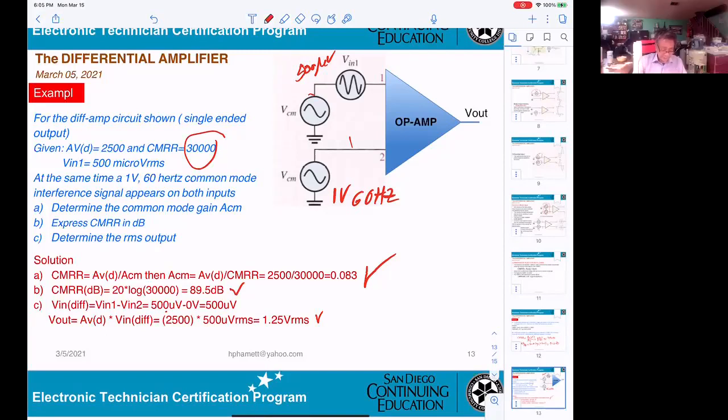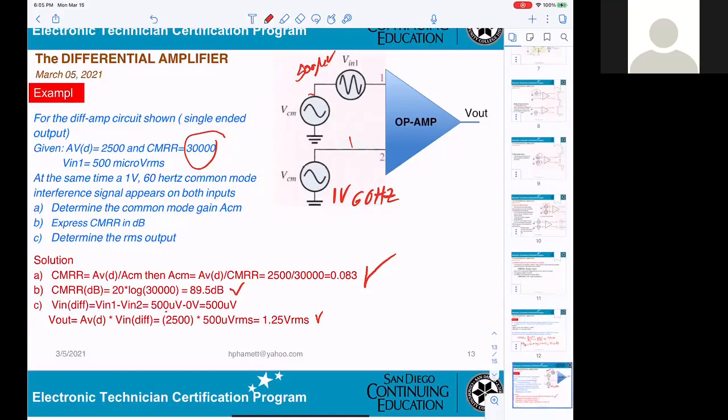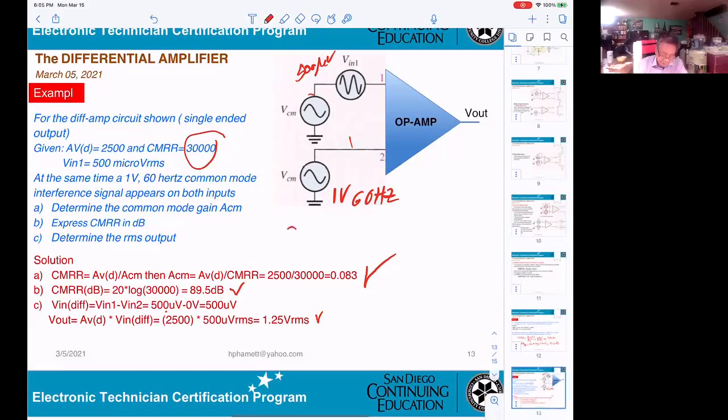For your answer A, you're calculating the ratio of the differential output to the common mode output. But the common mode rejection ratio, in dB, should just be 20 log, or minus 20 log of 30,000. Am I wrong?